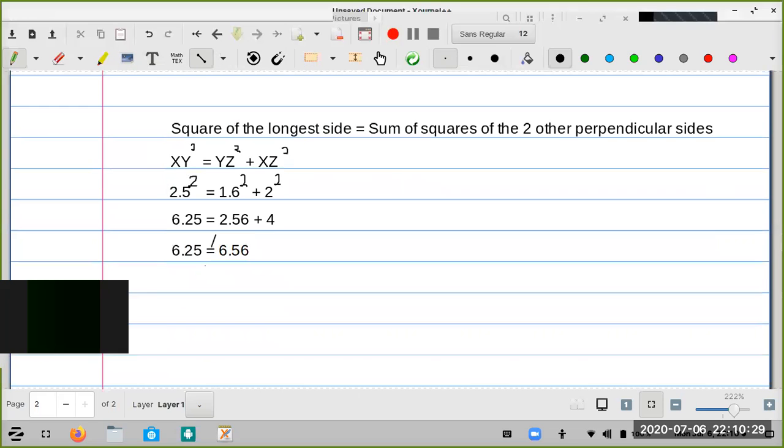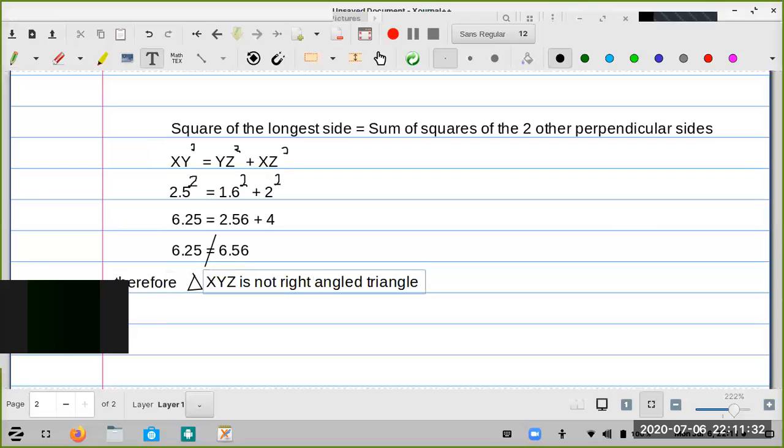Therefore triangle XYZ is not a right angled triangle.